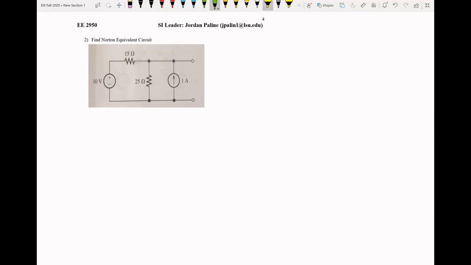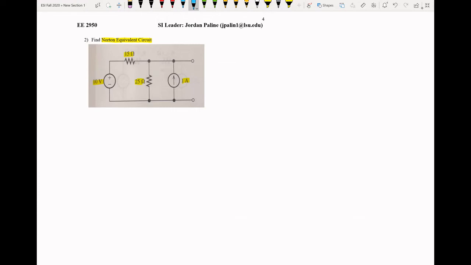Okay, so let's look at the next problem. This one wants us to find the Norton equivalent circuit. If we look at this here, we've got not one but two sources, and we've got two different resistors.